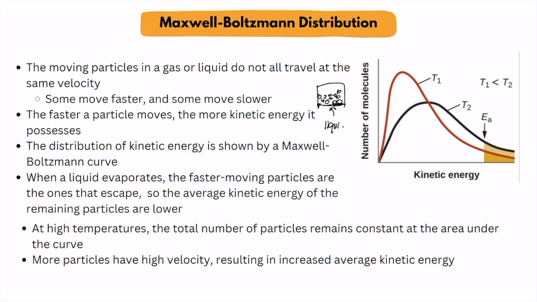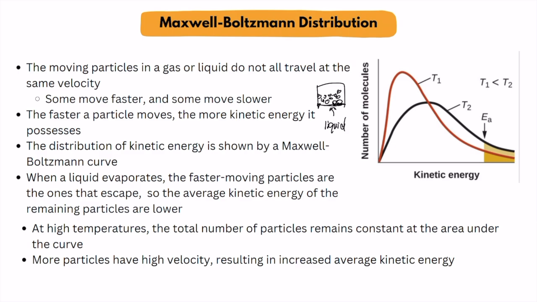Kind of looks like a solid, but it's a liquid. Some travel faster and some travel slower. And the faster a particle moves, the more kinetic energy it possesses. So the distribution of kinetic energy within a substance is shown by a Maxwell-Boltzmann distribution. So it's this thing over here.